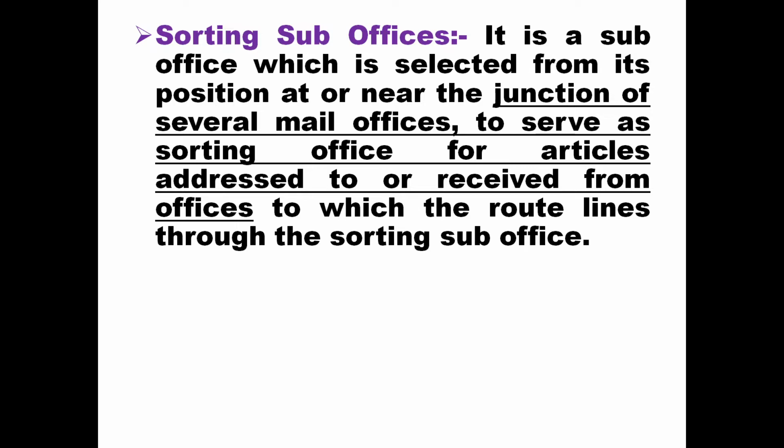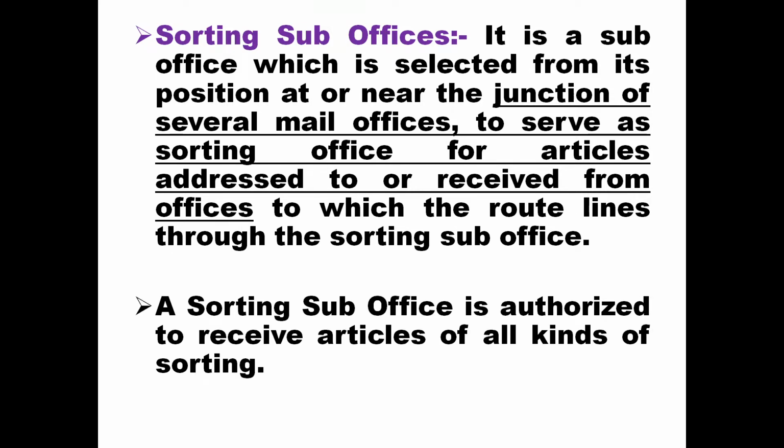It is a sub-office which is selected from a position at or near the junction of several mail offices to serve as a sorting office for articles addressed to or received from offices to which the route lies through the sorting sub-office. A sorting sub-office is authorized to receive articles of all kinds of sorting.